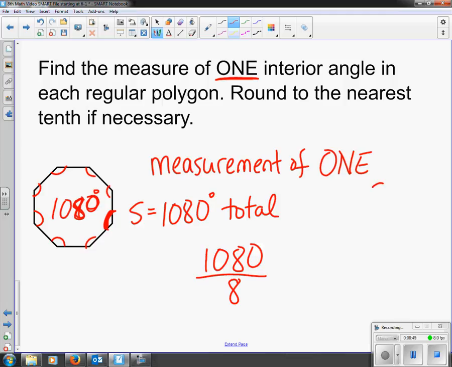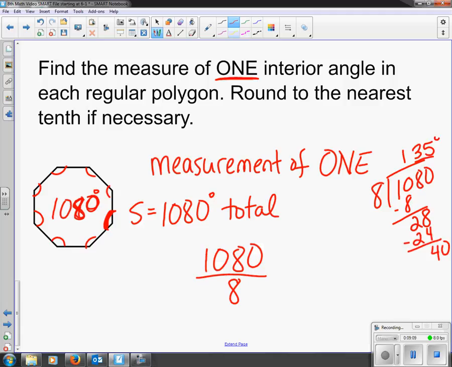So again, on the side, we round to the nearest tenth if necessary. So 3 gives us 24.